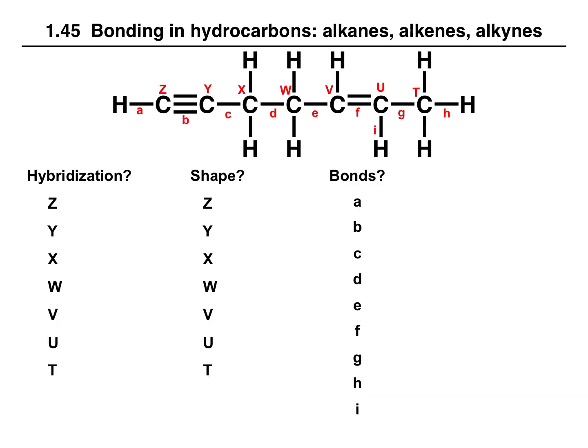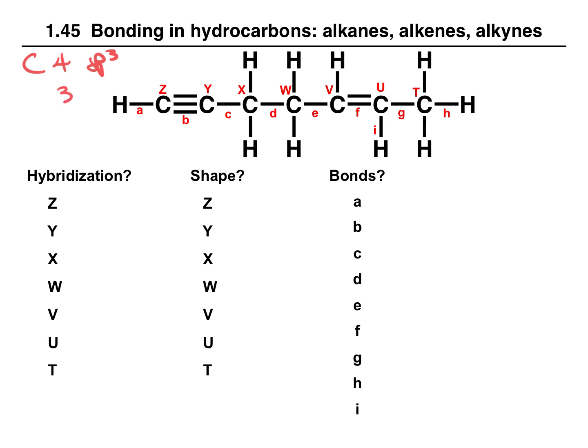Now that we've talked about sp3, sp2, and sp hybridization, let's take a look at this structure and figure out what we can about the hybridization, the shape, and the bonds. So what we need to keep in mind is that if carbon is connected to 4 groups, it'll be sp3 hybridized.